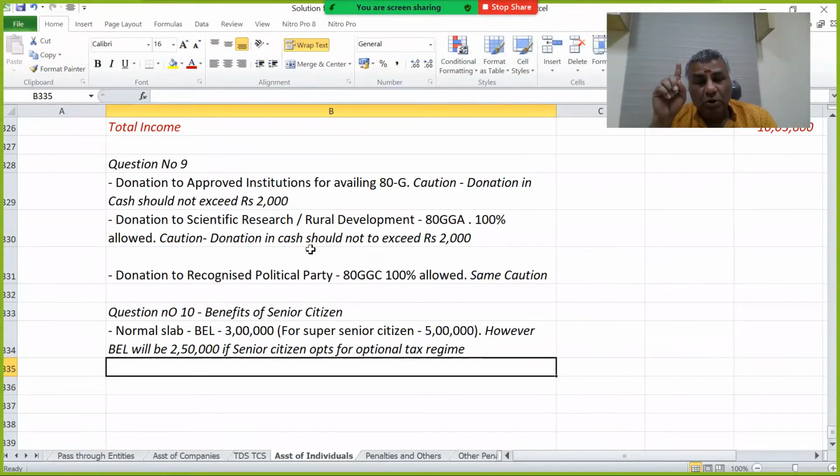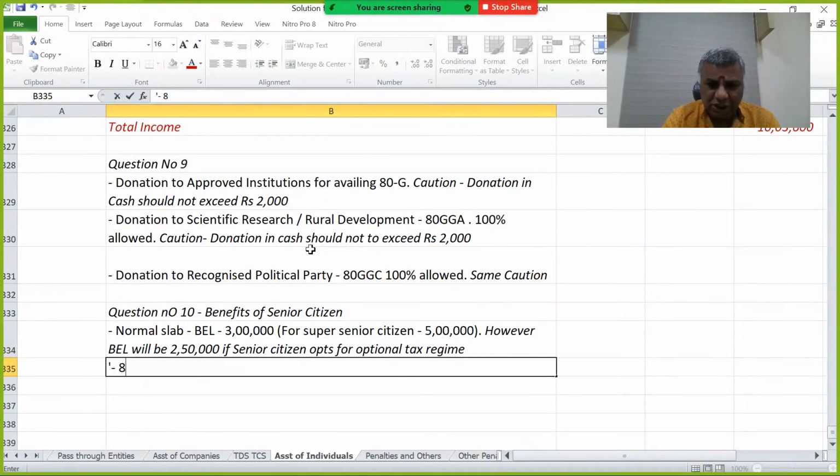If I look chapter wise: salaries, there is nothing. Residential status, salaries, house property, PGBP, capital gains, IFOS, nowhere am I getting any benefit. But in deductions, I have some things. Section 80D, medical insurance: if the insured person is a senior citizen, 50,000.